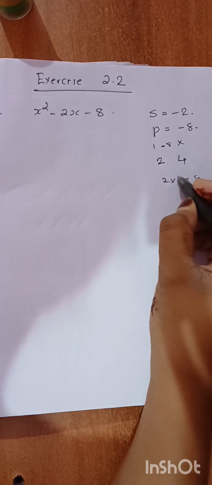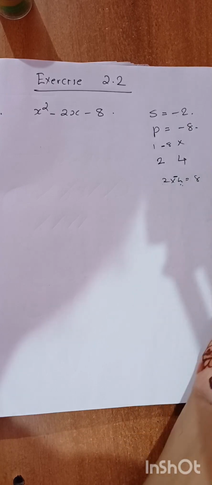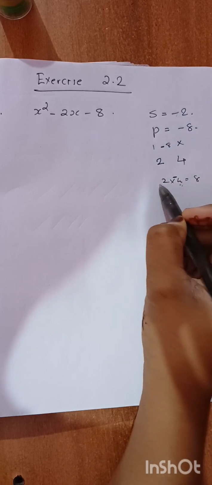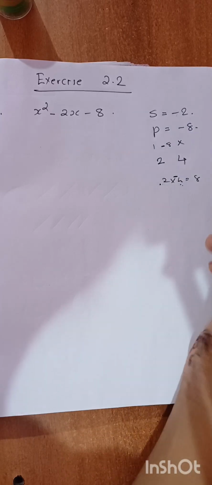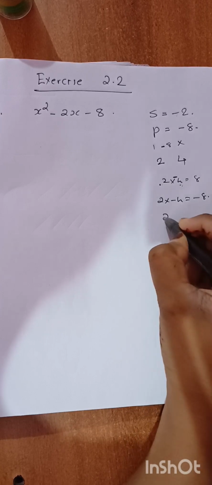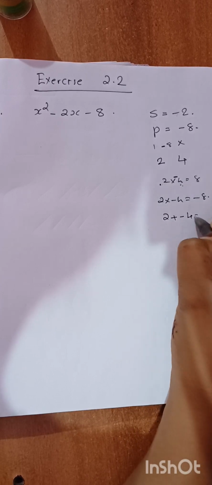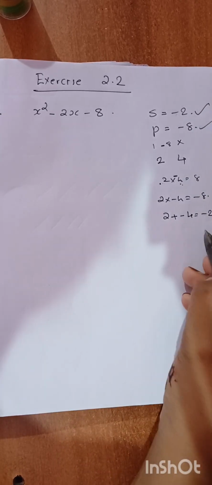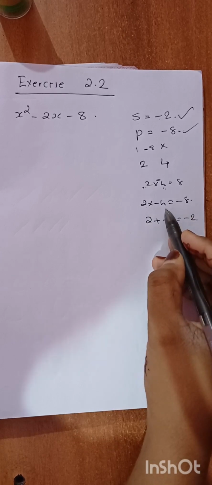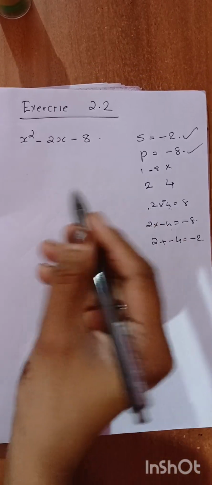That means the larger number will have the negative sign. If the sum does not have a negative sign, then the negative will be on the smaller number. Okay, that means 2 into minus 4, answer is minus 8, and 2 plus minus 4, answer is minus 2. Both the conditions, sum and product, are satisfied by taking the numbers as 2 and negative 4. Then we can substitute here.